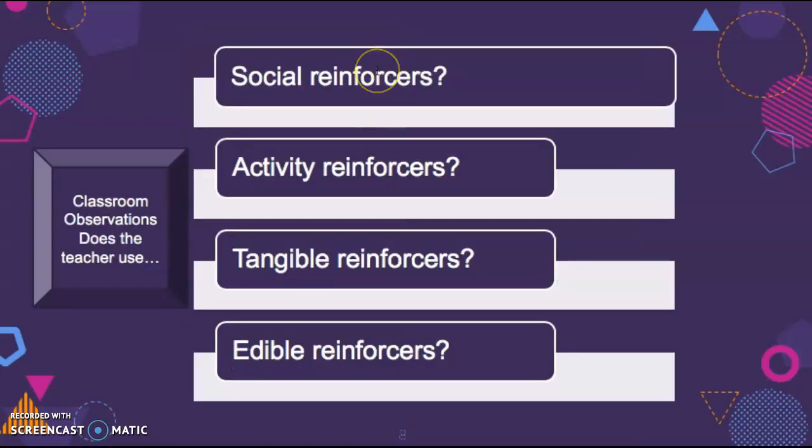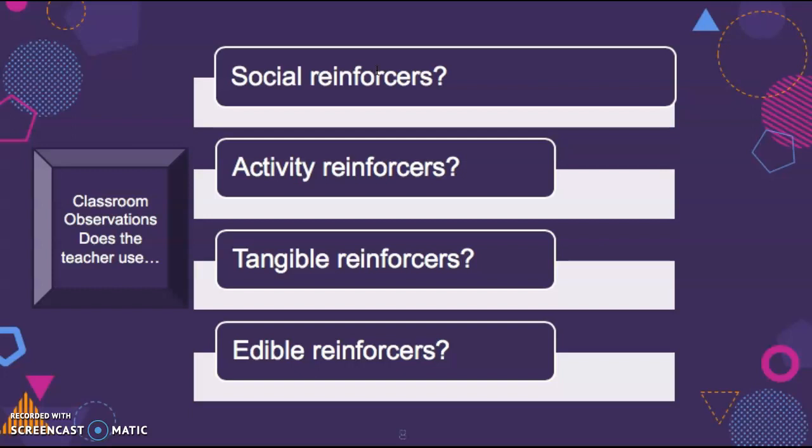So let's talk about those reinforcers. I'm going to divide them into four categories. You have social reinforcers, where students enjoy being with their friends. So use that to your advantage. Maybe provide extra recess time if they behave appropriately, or extra time to socialize if they complete an activity on time.